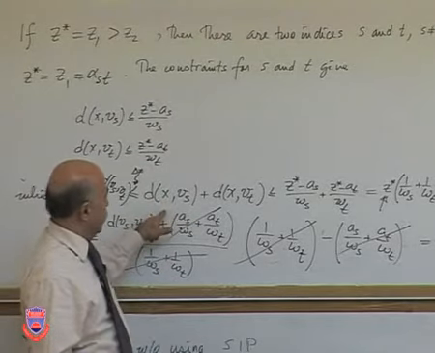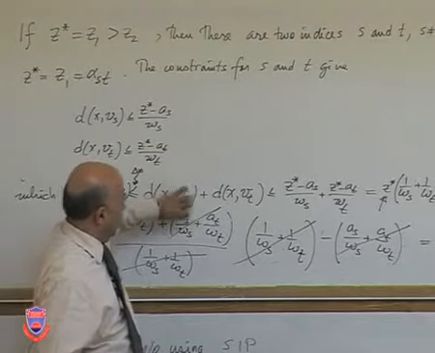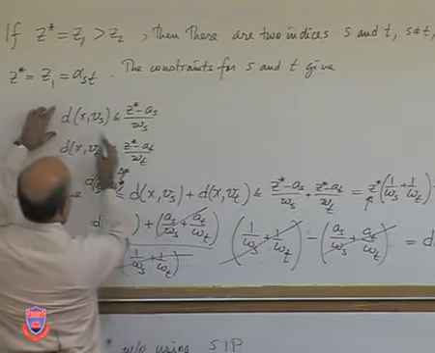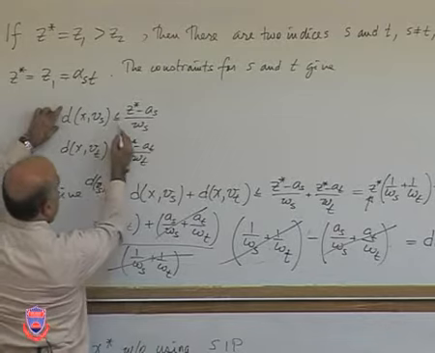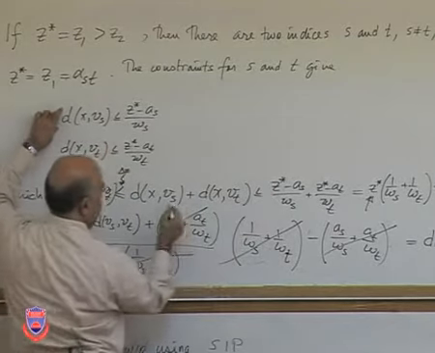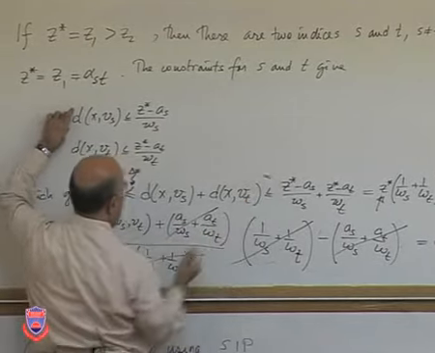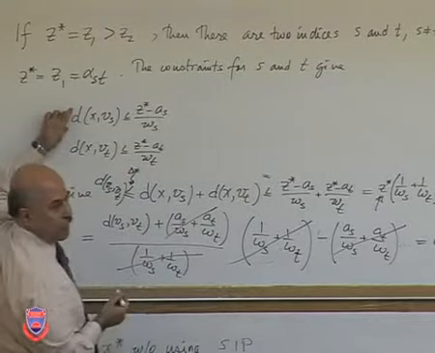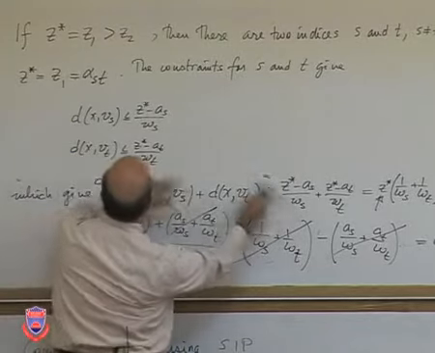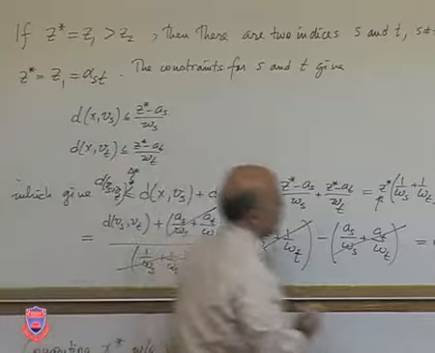Number two, this thing has to be equal to that, because that upper bound, this is also equality now. Okay? That has to be equal to that. This has to be equal to that. Okay?